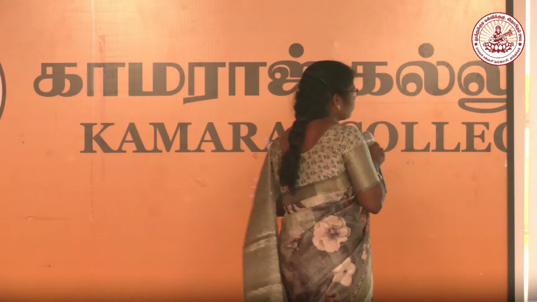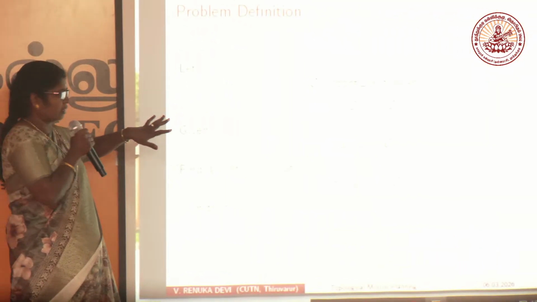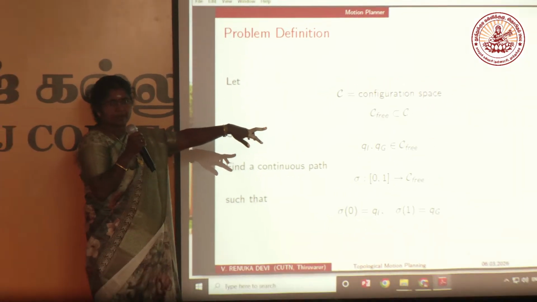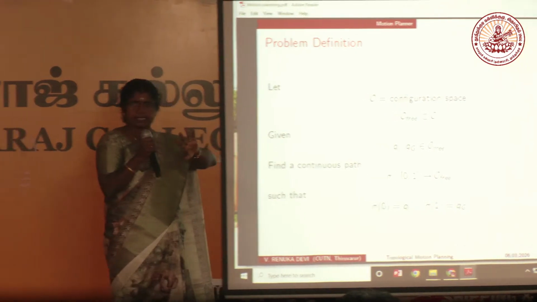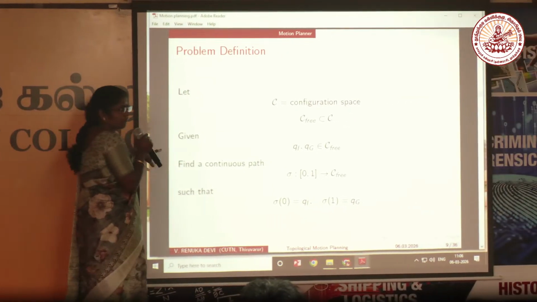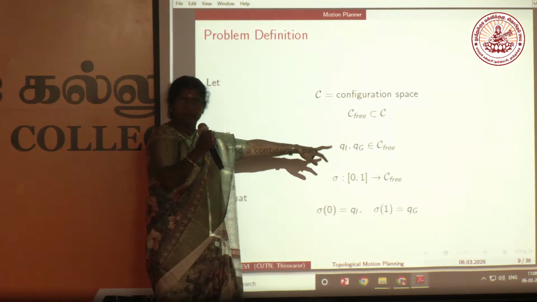Next. And what is the problem definition? What is motion planning? Here we have a configuration space, and the free space is a subset of the configuration space, isn't it? The configuration space is the union of free space as well as obstacles. We are given an initial point as well as a goal point in the free space.